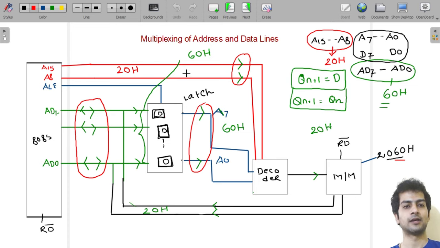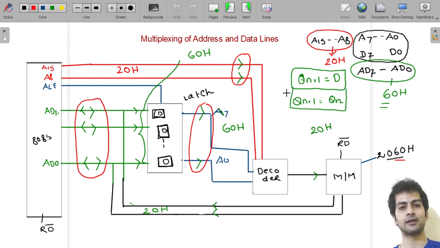We discussed earlier that the address bus is unidirectional. This part is acting purely as an address bus, so it is unidirectional. This part is acting as a data bus, because sometimes it deals with address and sometimes with data, so it is bidirectional.